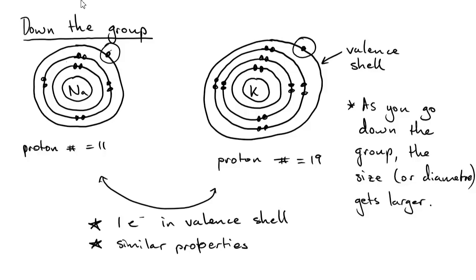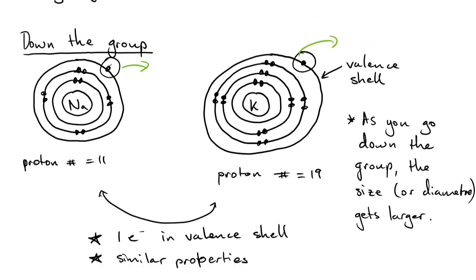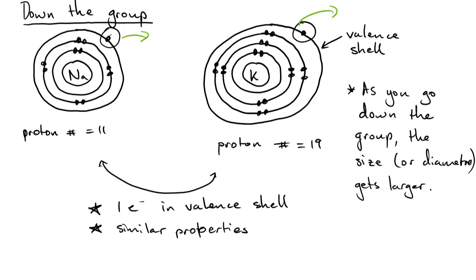And in this case, sodium and potassium both are considered metals, because again, that one electron can be very easily lost into the external environment. So they do have similar properties. So the size gets larger as you go down a group.